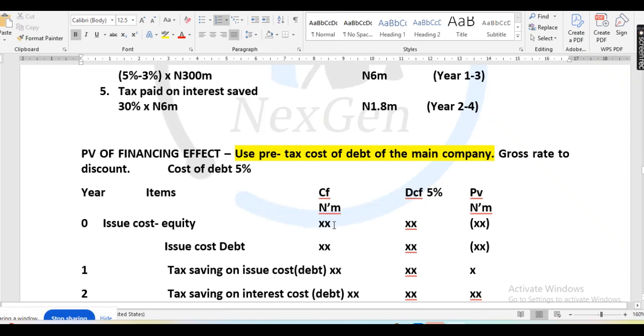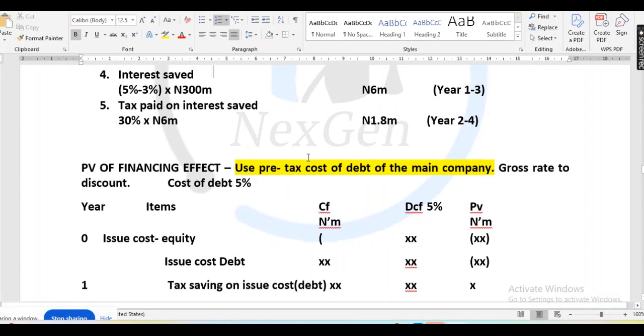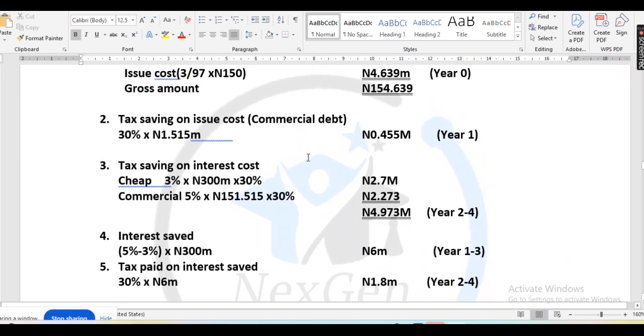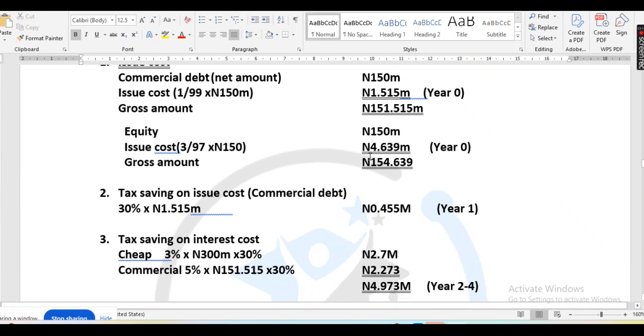Okay, so what is the issue cost on equity? 4.63. This is the issue cost. Give me the issue cost of this. Screenshot it, please.